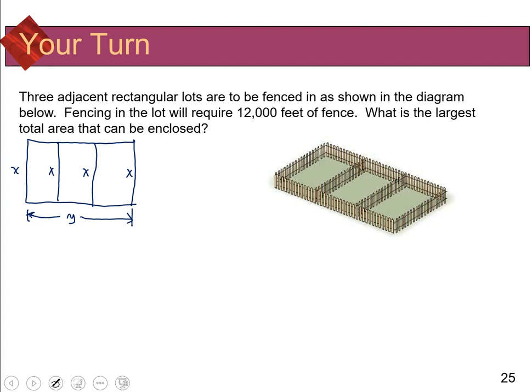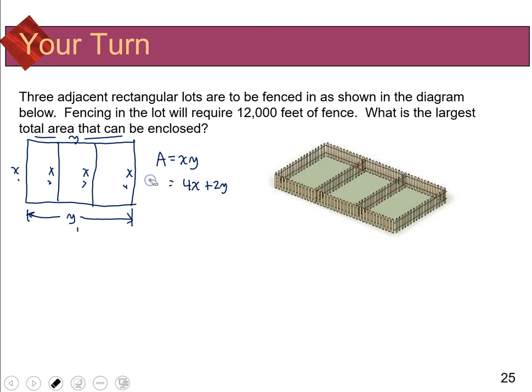So the area, the way I'm defining x and y, is just going to be x times y. I know that 1, 2, 3, 4 x's plus 1 y, and I'm also going to have another y up here, 2 y's, which would represent the perimeter, more or less.